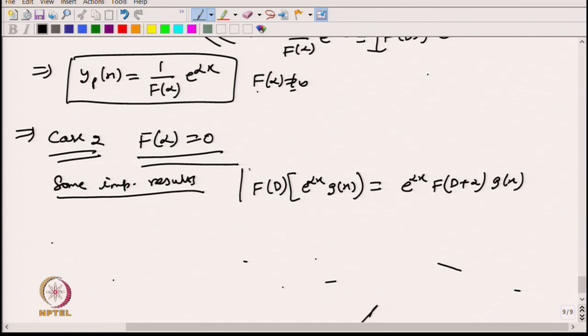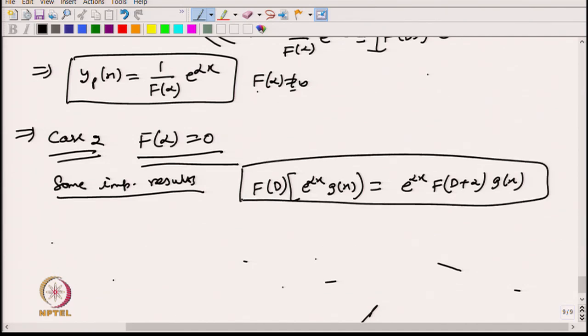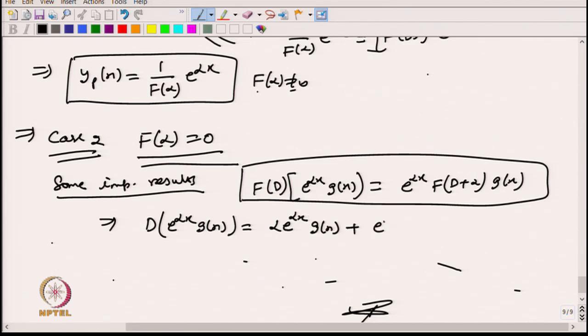This is my result, and suppose I want to verify it. For this, let us take the derivative of e raised to power alpha x g of x. I apply the product rule for derivatives: the derivative of the first function, alpha e raised to power alpha x, times g of x, plus e raised to power alpha x times g dash of x.